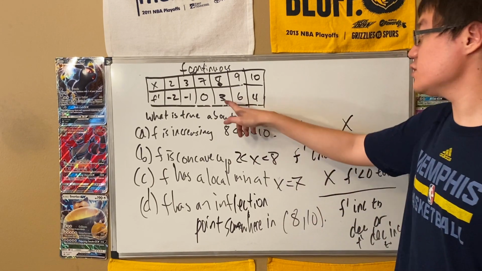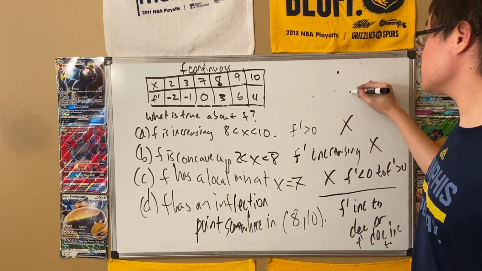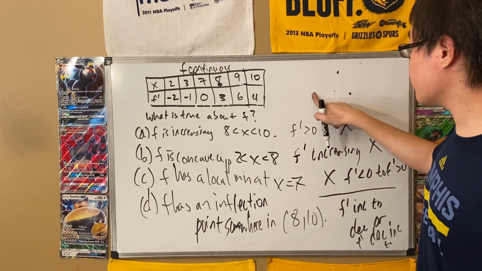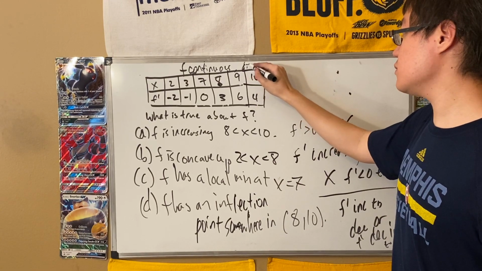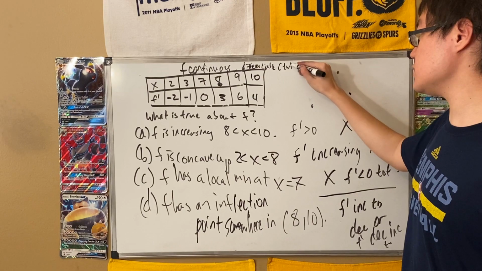This is true because notice we go 3 to 6 to 4. So we have 3, we have 6, we have 4. No matter what, as long as f prime is a continuous function, so we can say that this is differentiable. Let's say it's twice differentiable, so that its derivative is definitely continuous as well.